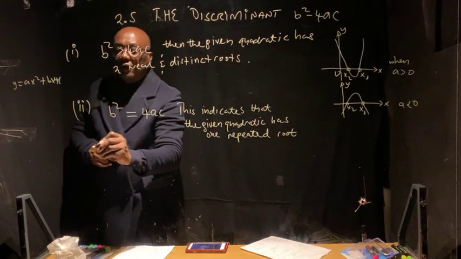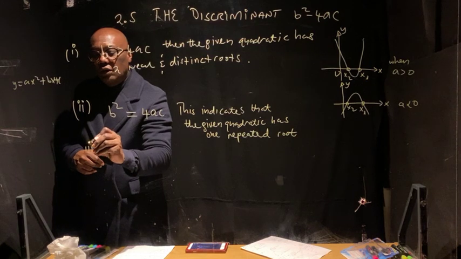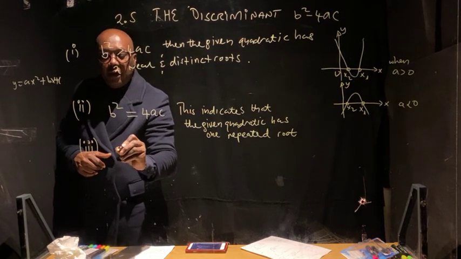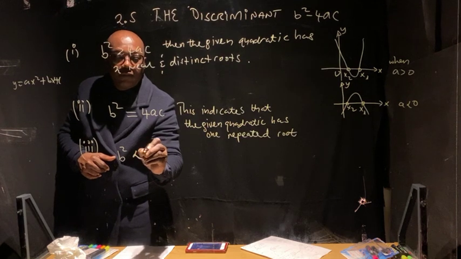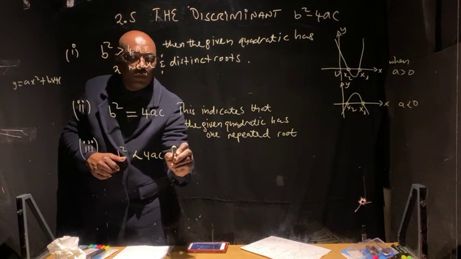Good. Then the third one says that b squared is less than 4ac.